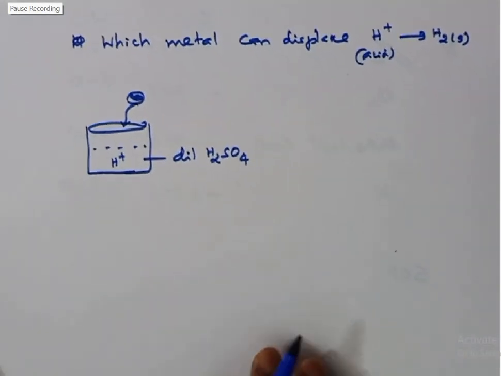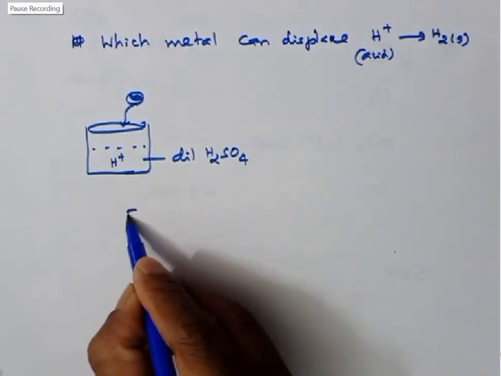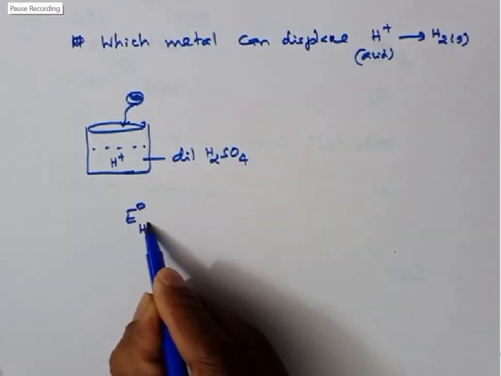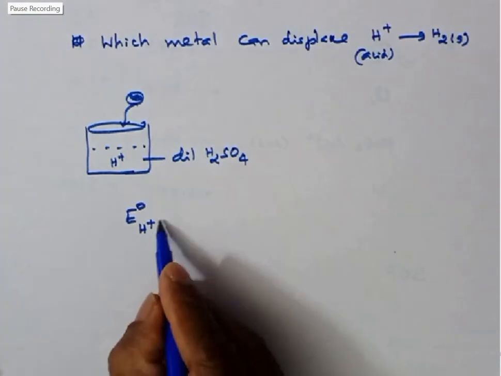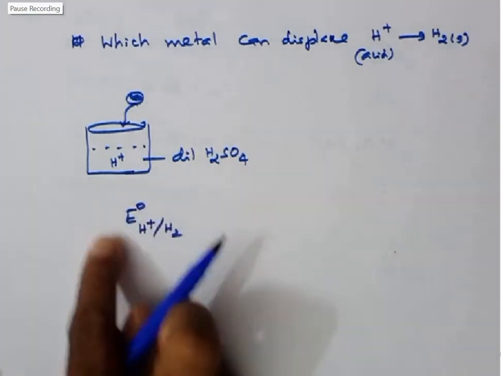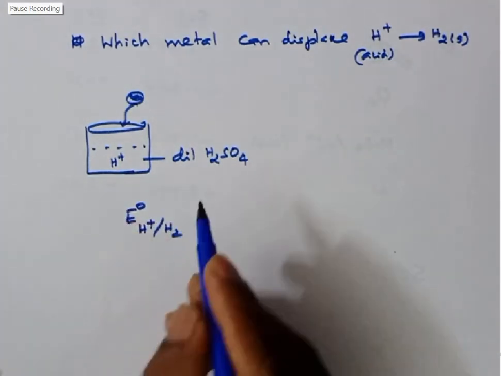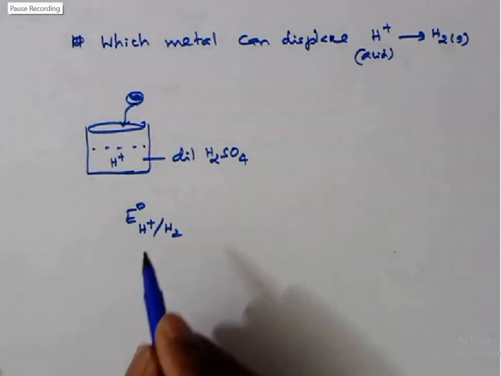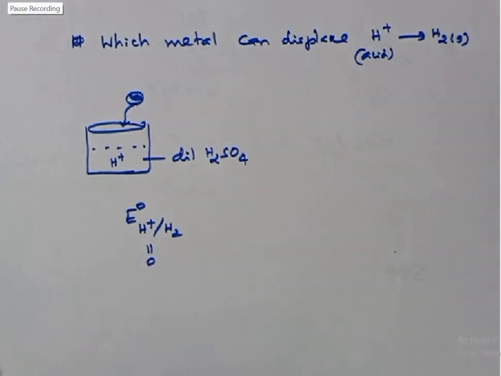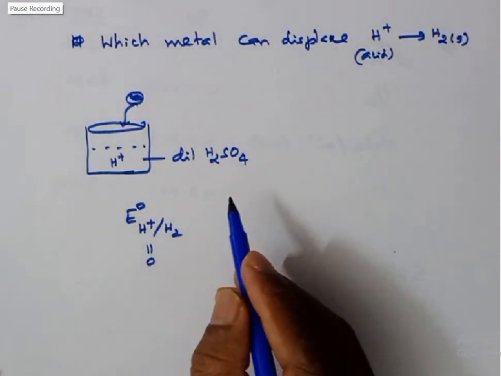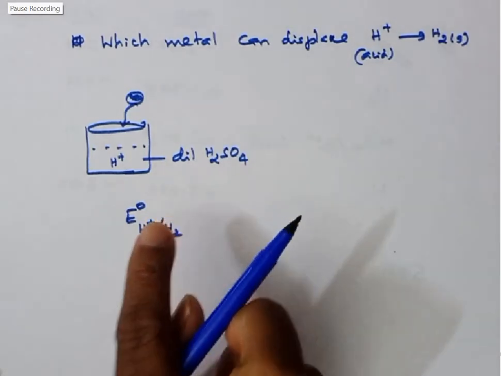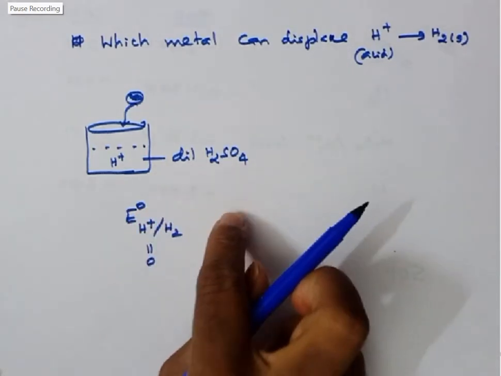Students observe carefully. Standard reduction potential for H plus becoming H2 is nothing but the standard hydrogen electrode potential. This value is 0, you know very well.